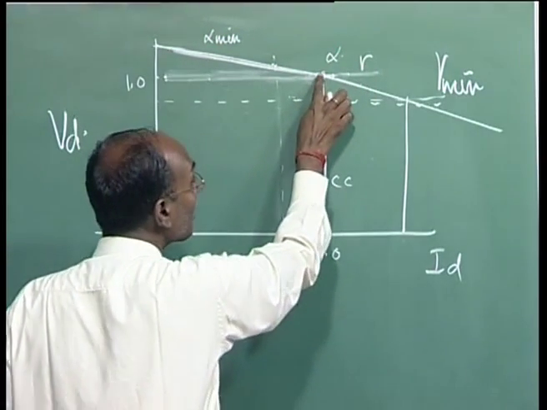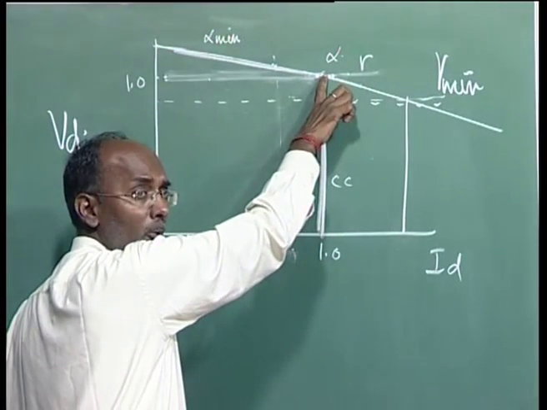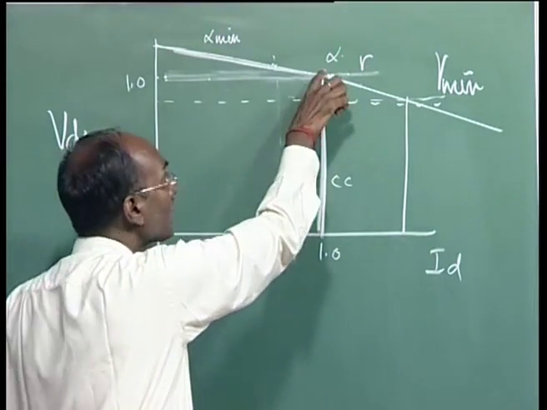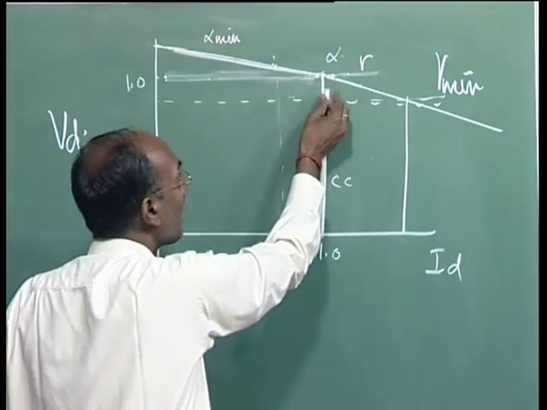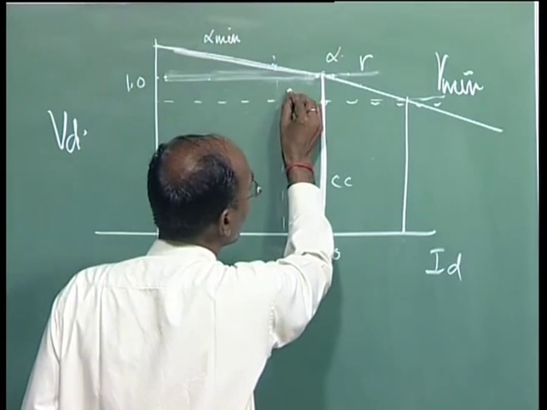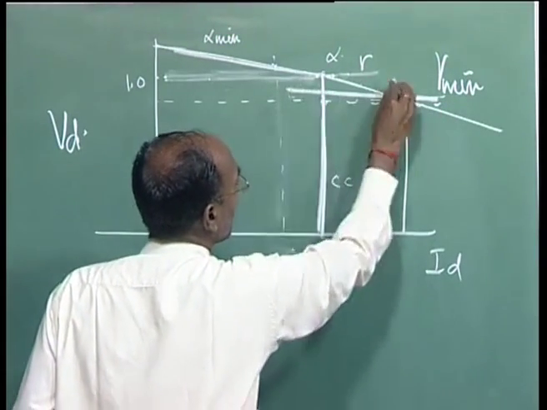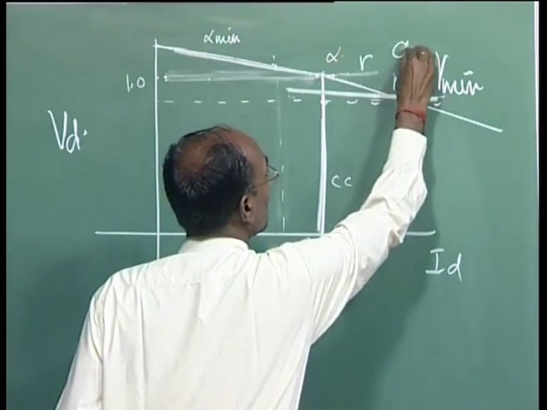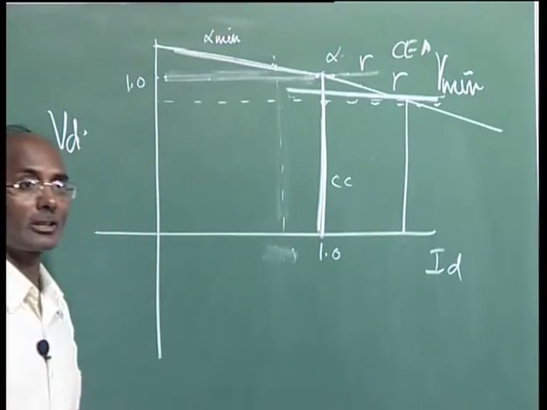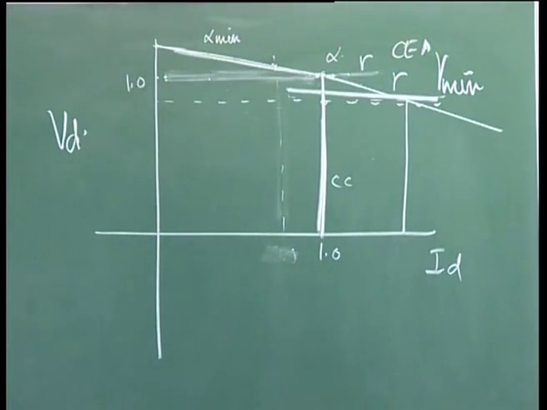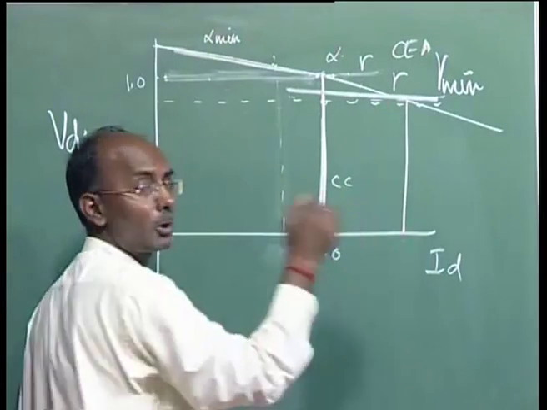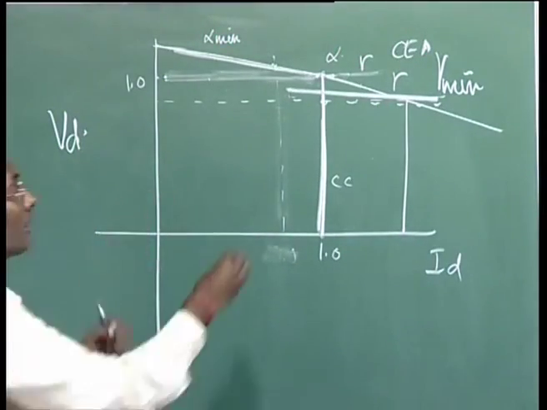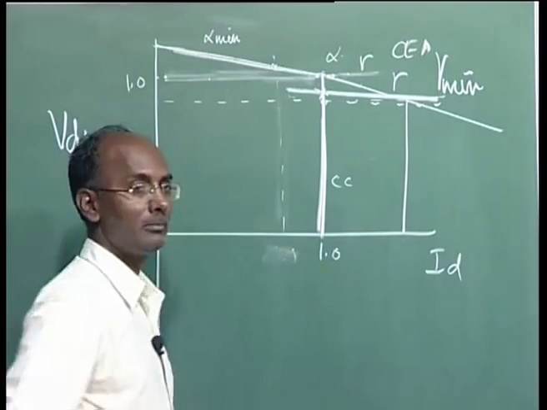Normally we can operate at this knee point, but it is preferable to operate slightly lower than this, and here the gamma characteristic is there. Let's suppose this is the gamma called CEA, constant extinction angle control, because this is a characteristic related to your gamma minimum, and here the intersection point is your operating point.